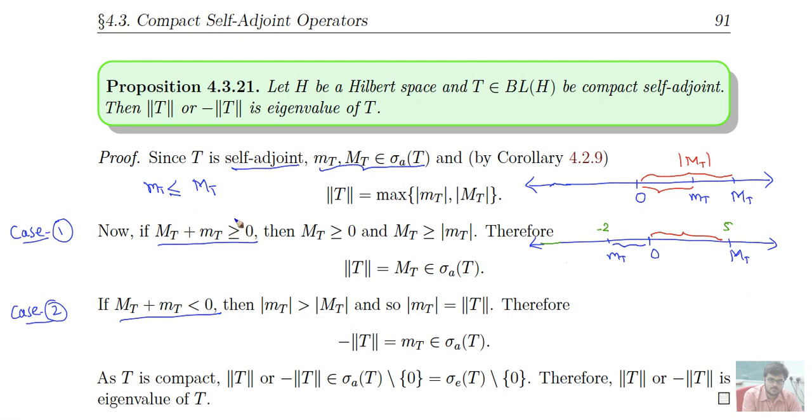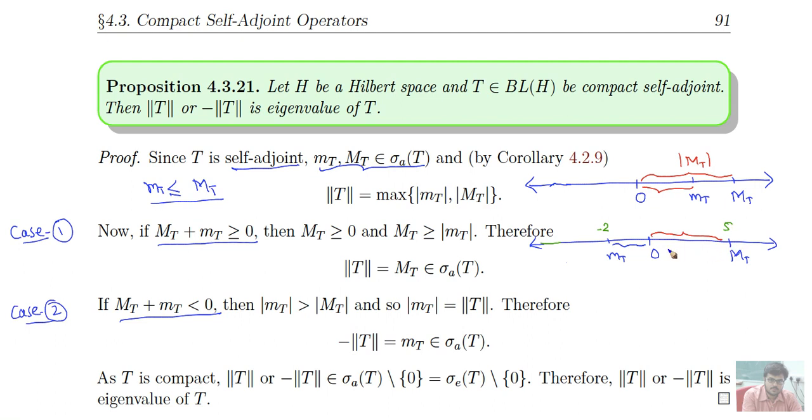Of course, if capital MT itself is negative, then both are negative, which is not the case. If both are positive, this is anyway less than that, so capital MT will be greater than mt in this case. But suppose this is positive and this is negative, but because their sum is positive, this distance cannot be more than this distance.